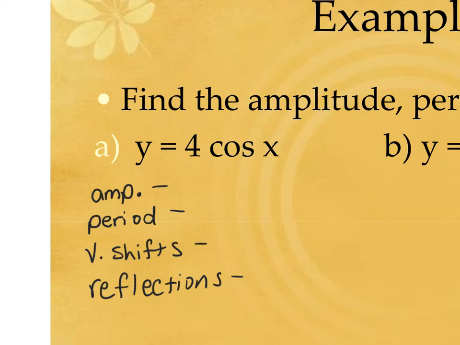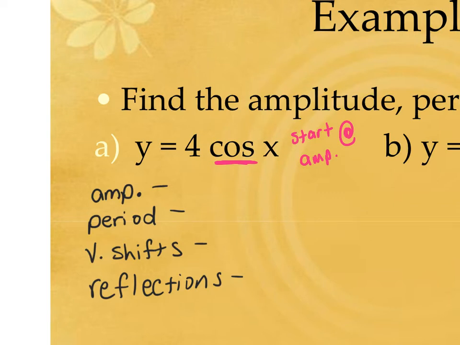So what kind of a curve do I have here? Sine or cosine? Cosine. So this is a cosine curve. So you can tell yourself right now it's going to start at where? Does the cosine start at the x-axis or does it start at the amplitude? At the amplitude. So it's going to start at amplitude.